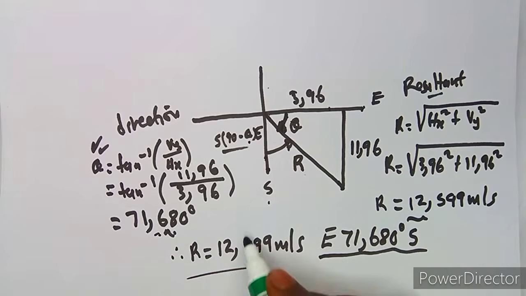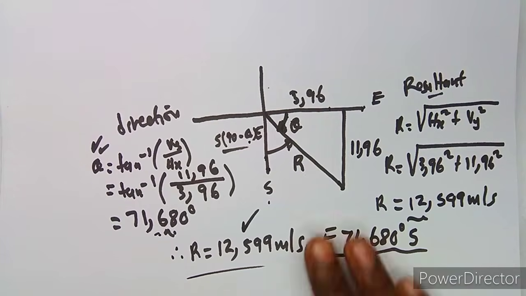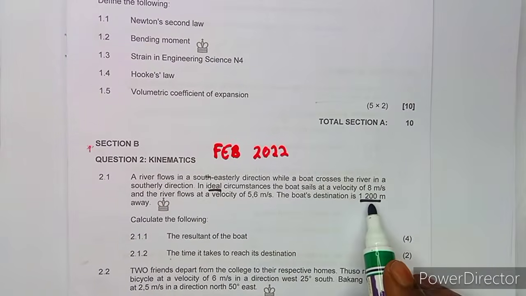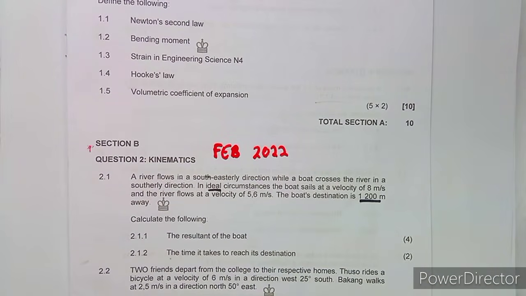So the time now, since we've got the resultant velocity, it's now easier for us to calculate the time. Why? Because we are given the distance the boat travels, which is the destination of the boat, which is 1,200 meters.